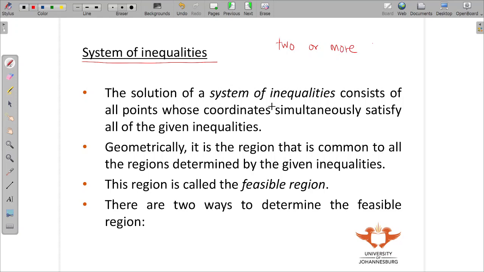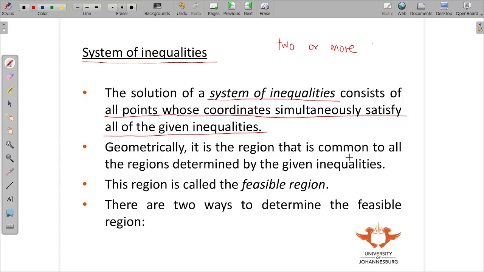The solution of a system of inequalities consists of all points whose coordinates simultaneously satisfy all of the given inequalities. Just like we drew the graph for one inequality, we are going to draw two or more inequalities on the same graph and look for the region where all the inequalities are satisfied.